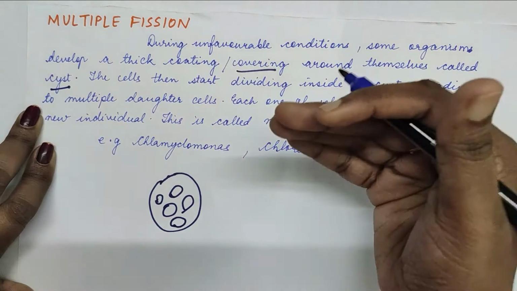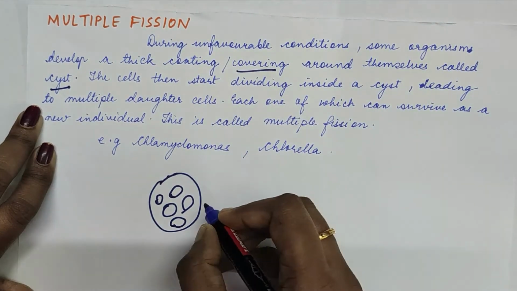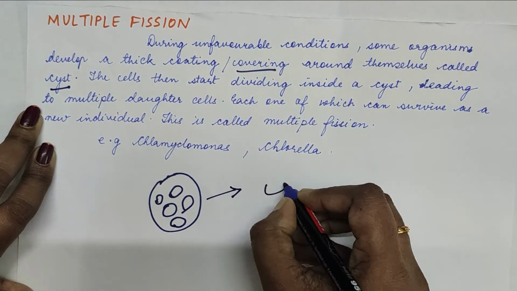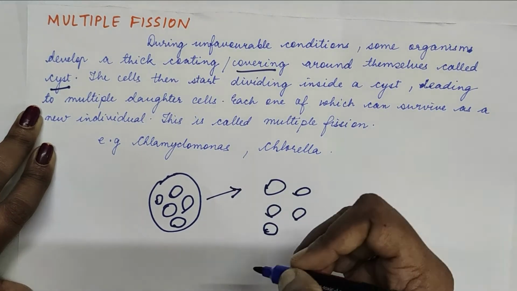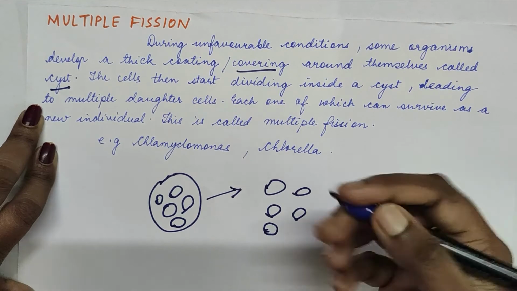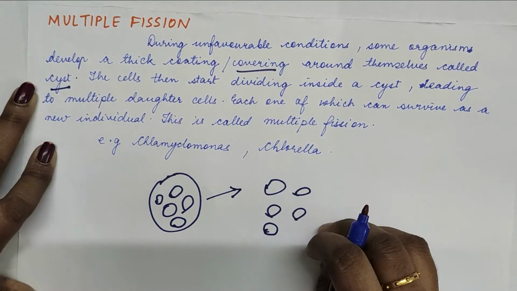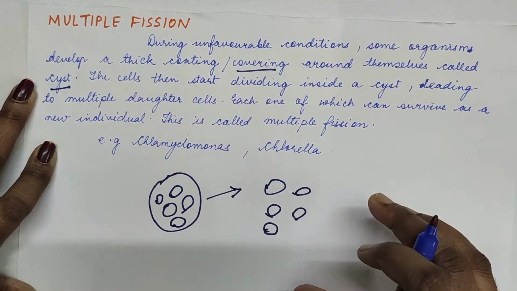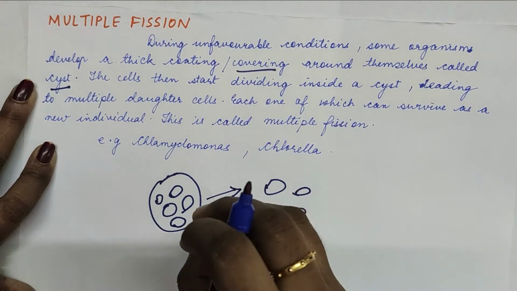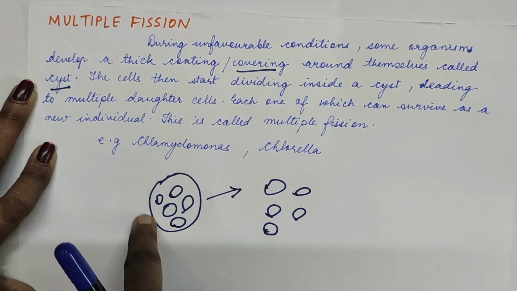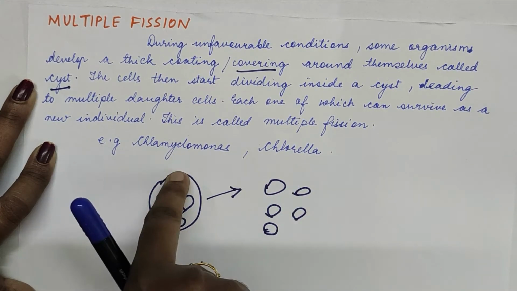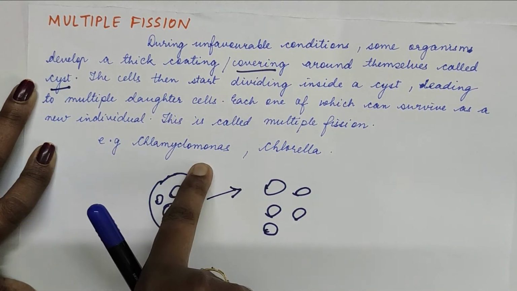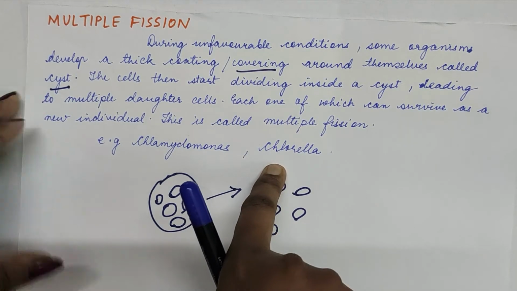When they get favorable conditions, they break open the cyst and many smaller organisms, which can now survive individually, come out, and this is called multiple fission. Here also no fusion of gametes is happening. It's one parent giving rise to multiple cells. This happens mostly in Chlamydomonas and cholera.